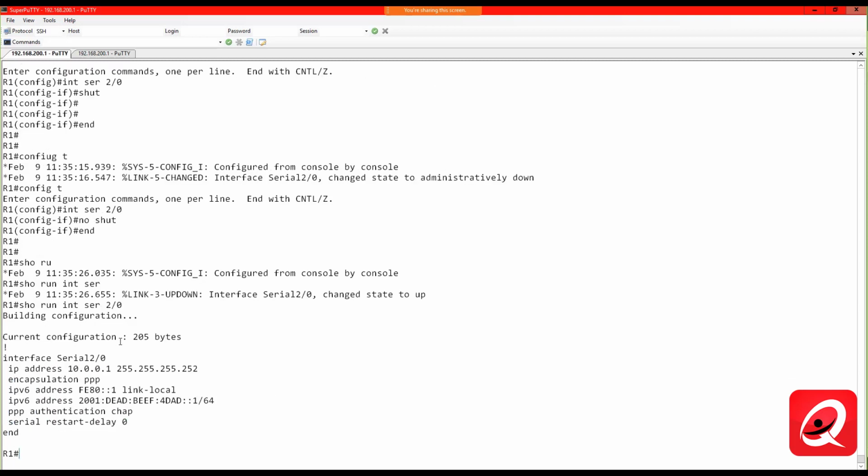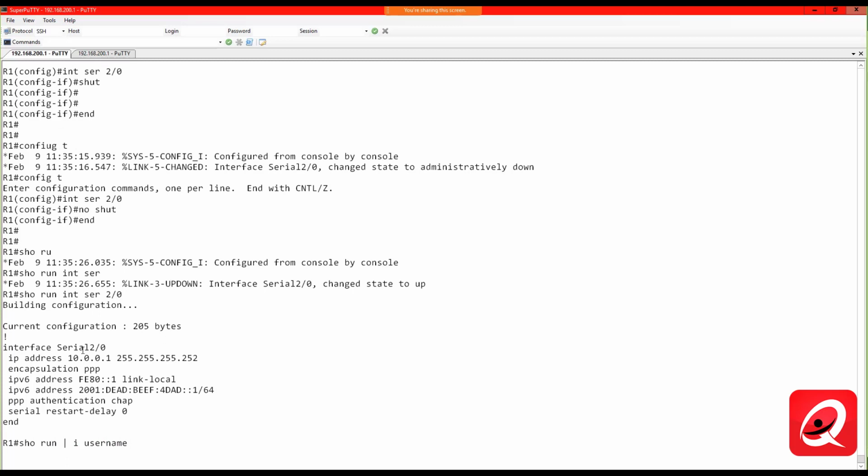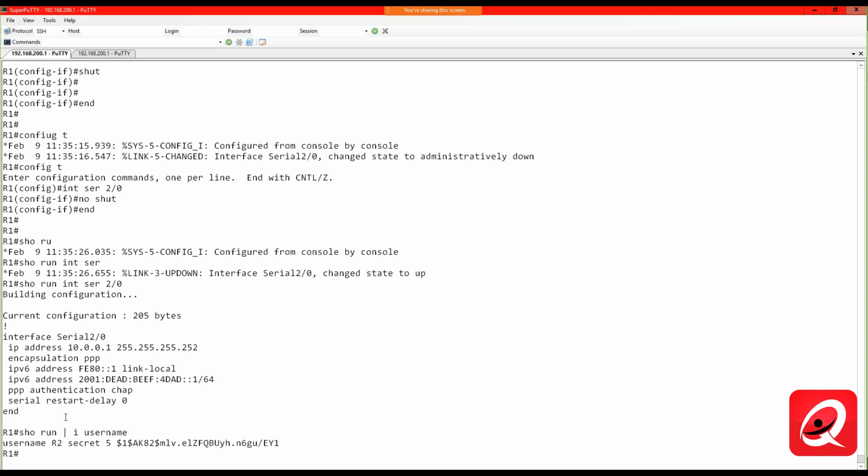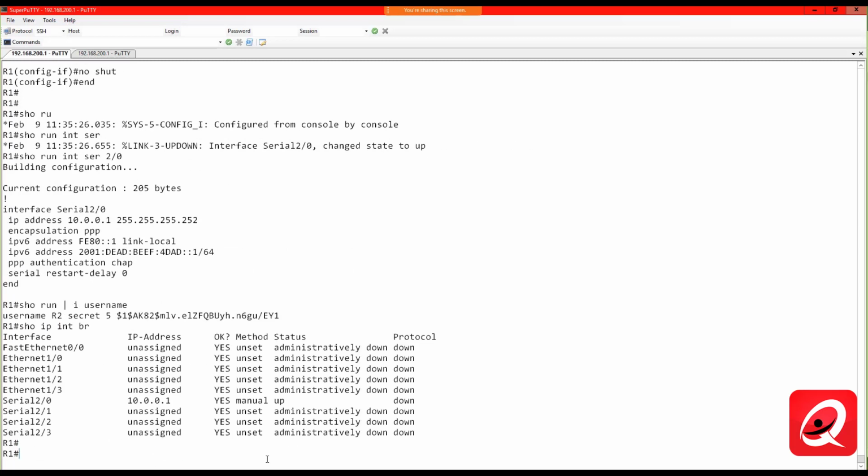Show run interface serial 20. All right, we've got PPP authentication CHAP. Show run pipe include username. And as long as I have the other side's hostname and they share a common password, they should be able to authenticate. Show IP interface brief.